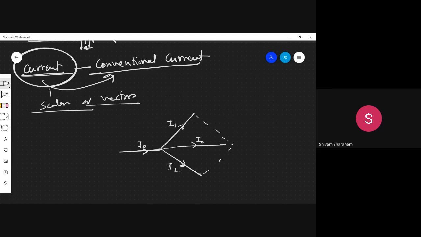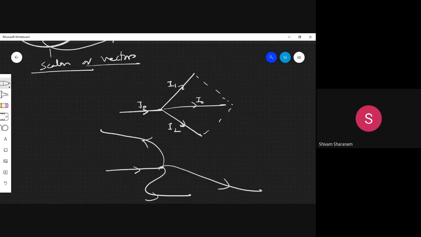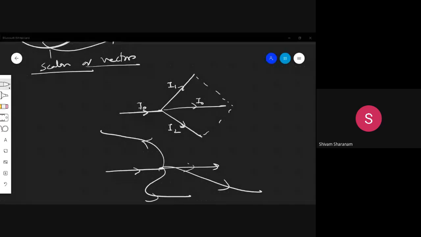But in wires, they can be connected anyhow. Suppose one wire is coming here, another wire can go there, this wire can go there, another wire can go there. Their resultant will never come in this direction. Will it come? No. Is it following the vector addition? No, sir.